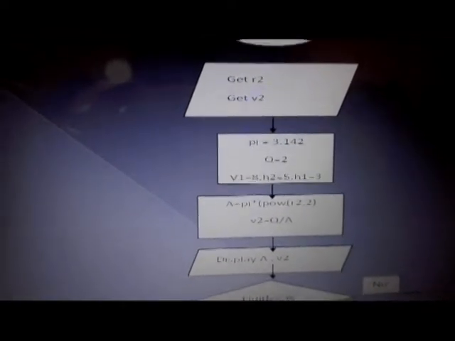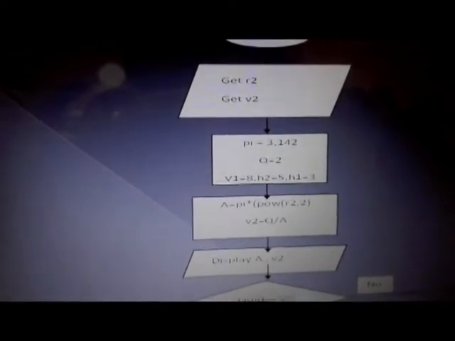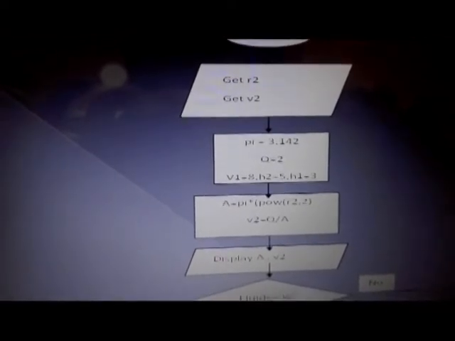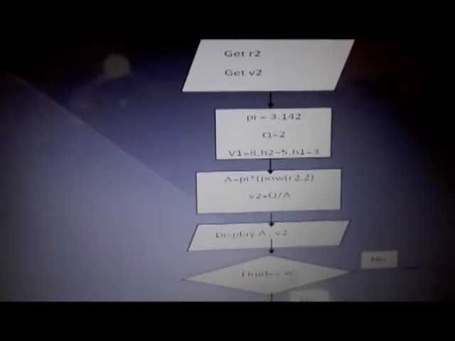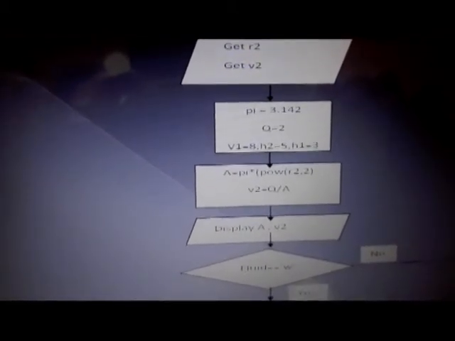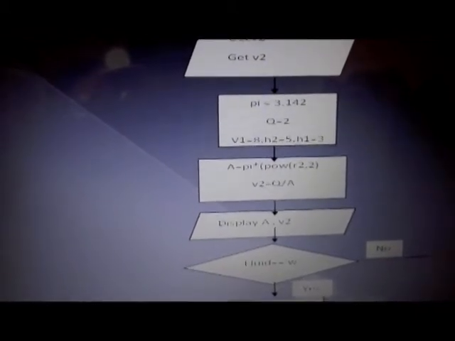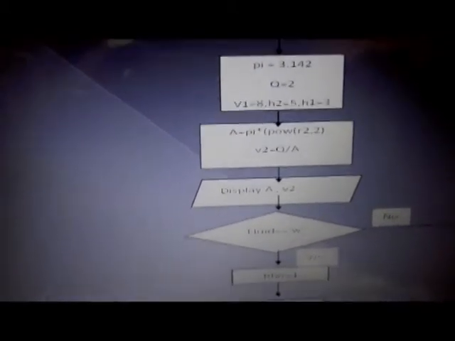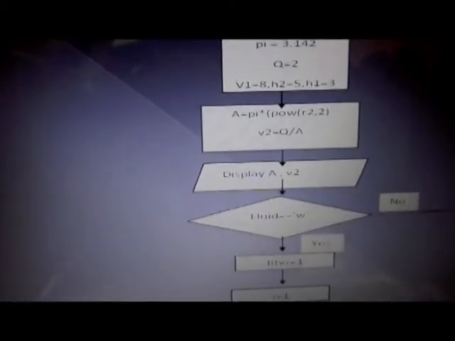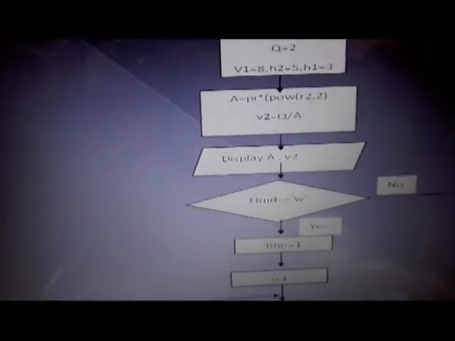In this flowchart, I have considered the value of pi, Q is the flow rate, V1 is velocity, and H is the height of the pressure. The first equation that I used is the area equal to pi r squared, and the velocity is Q over A. Then we proceed to display the area and velocity.